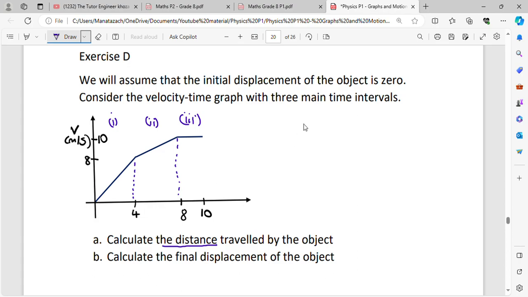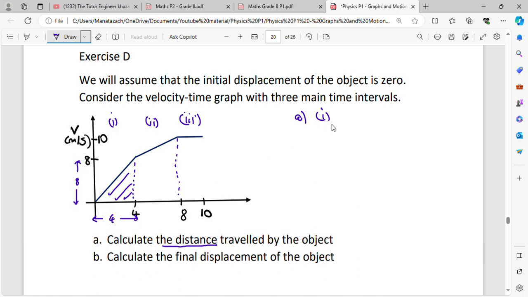So let's write question A here. For Roman figure 1, we're going to calculate the area under the velocity time graph. So here you have the base of 4 and the height is 8 for this triangle.